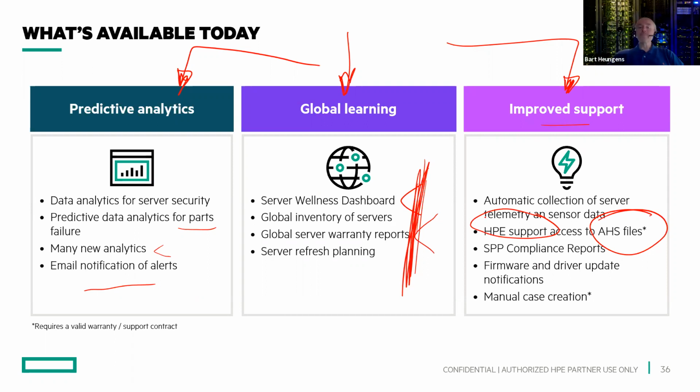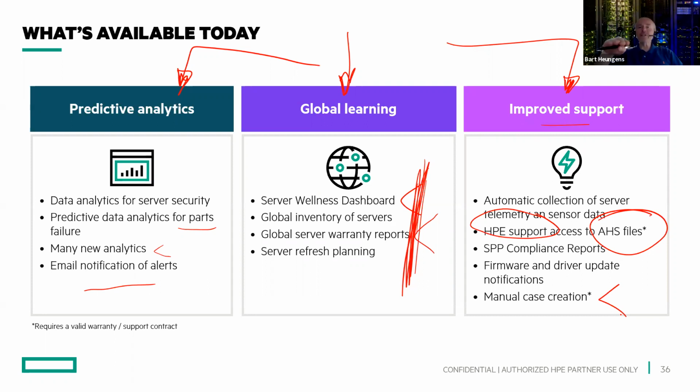By the way, case creation, this is changing, because it is still today a manual case creation, but you can create a case from Infosight. So you don't have to go to the support portal and then log in and do this and that, create case, and then copy paste all the serial numbers and all the information. No, directly from within Infosight, there is that button, create support case.